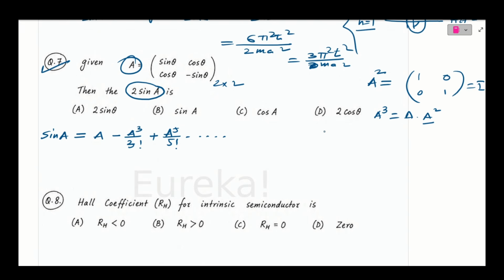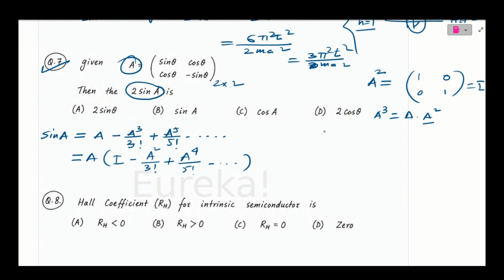Fine. Okay, so we need this relation to solve this question. So if we common out a here, then it gives I, identity matrix, minus a divided by 3 factorial plus a to the power 4, okay, a squared here, a to the power 4 here, and 5 factorial and so on.